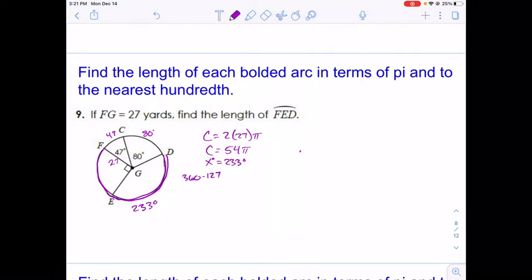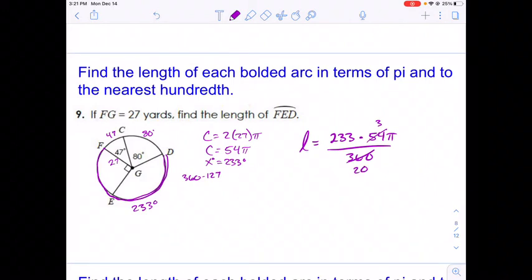Now, let's do the arc length. We're going to get 233 times 54 pi all over 360. And we look to see 3 goes in here. That's actually going to be 18 goes in here 3 times. 18 goes in here 20 times.